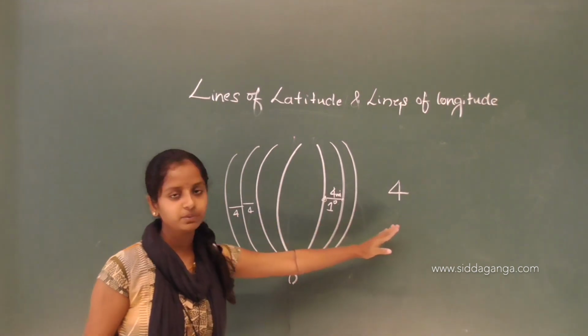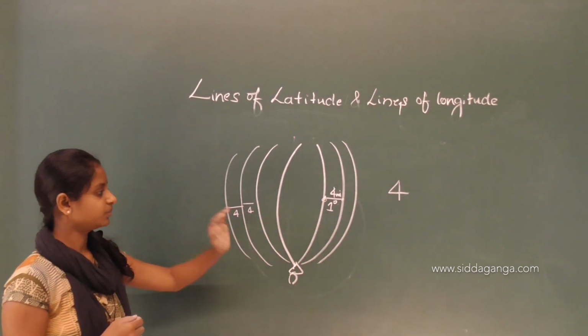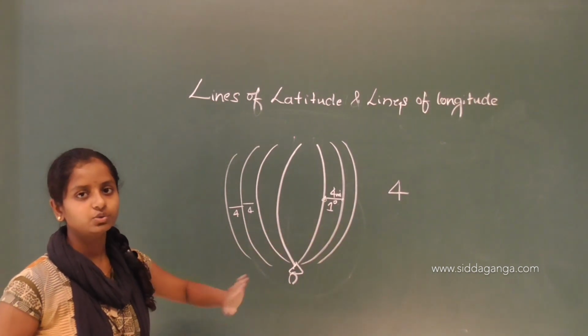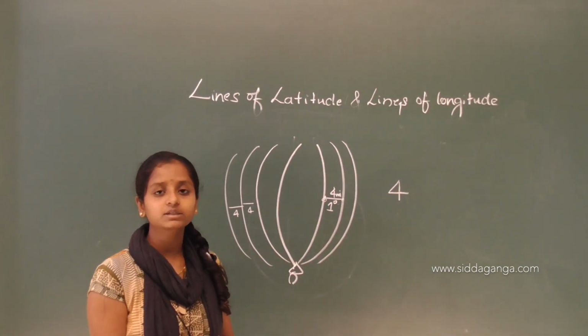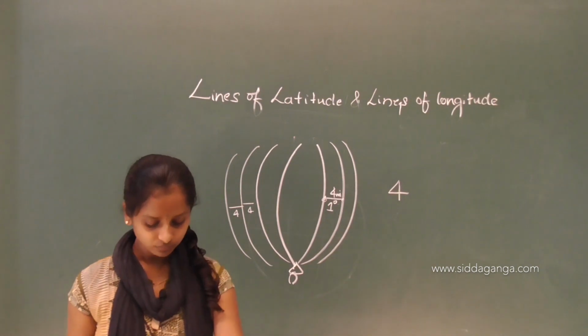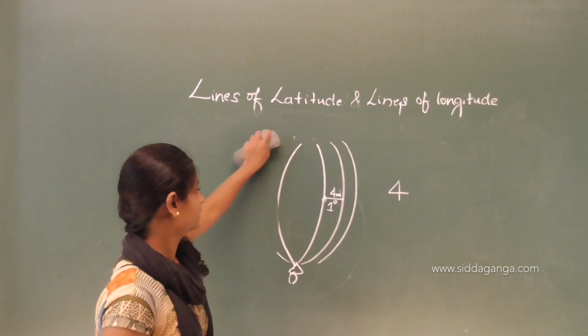If we want to know the time of this side, we should add to the main meridian time. So this is how we can find the time depending upon the meridians.